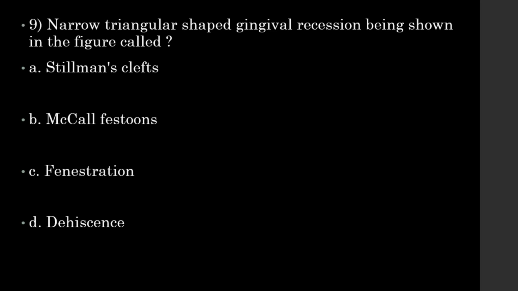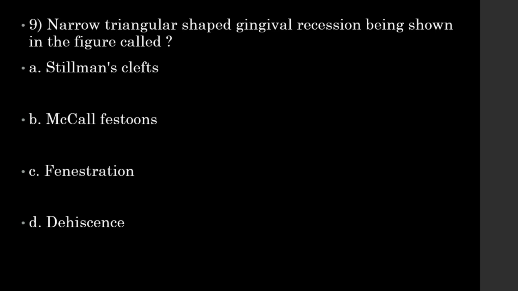Narrow triangular shaped gingival recession, as shown in the figure, is known as option A, Stillman's cleft, option B, Meckel's festoon, option C, fenestration, or option D, dehiscence.